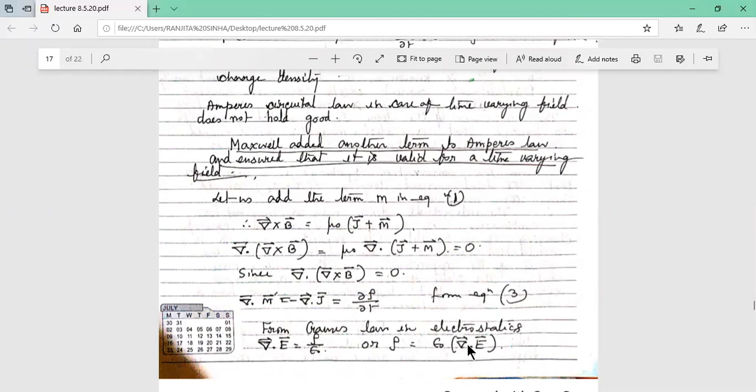Next, what we are explaining was actually done by Maxwell.